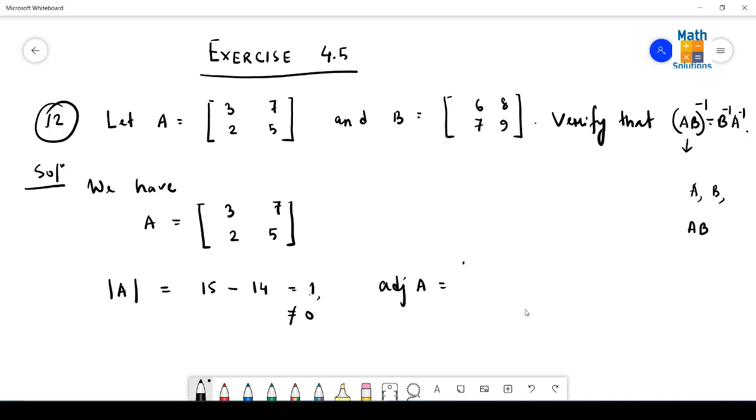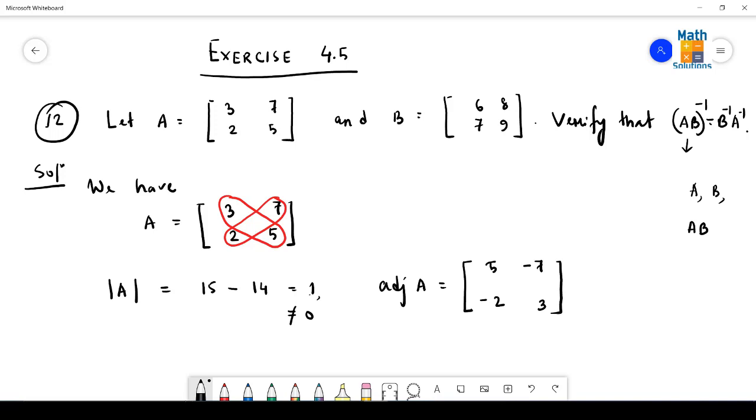Now the adjoint of A can be evaluated by following this rule. These two terms have to be interchanged, so I write 5 here and 3 in this place. For these two elements I have to change the sign, so I write minus 7 and minus 2.